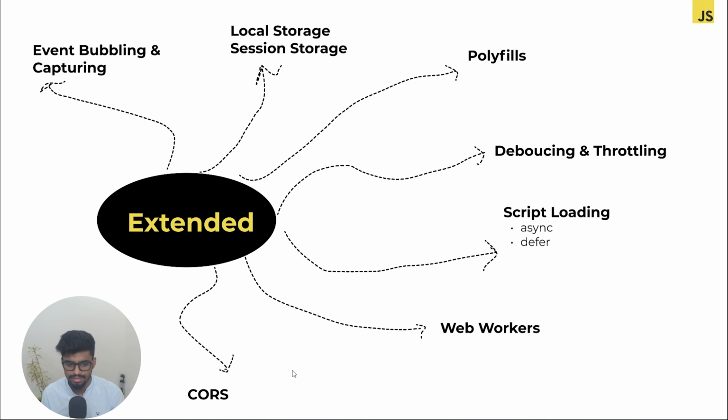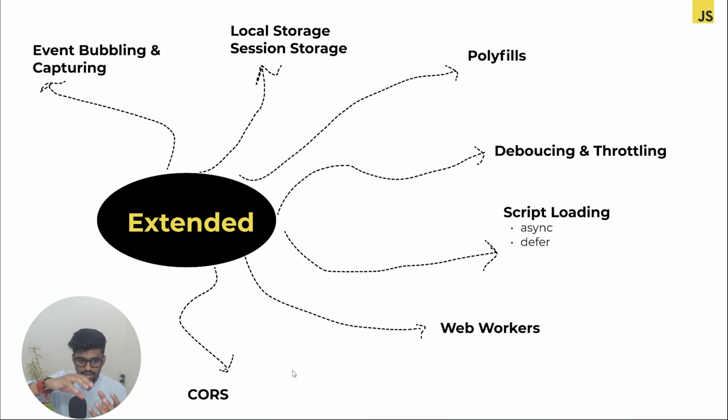CORS is known as cross origin resource sharing. For example, you are on a domain, example.com, okay? And if you're making an API call, you might go to another server that is located at a different domain name, for example server.com.